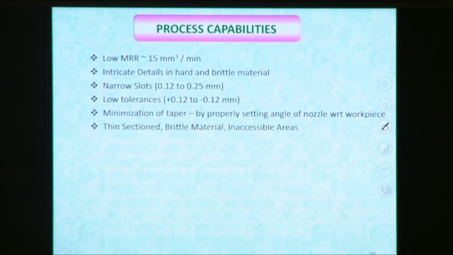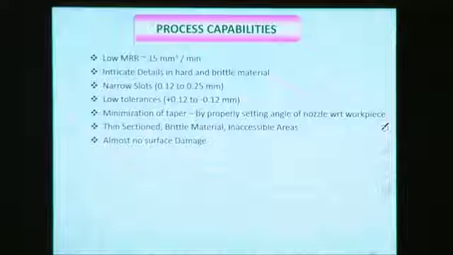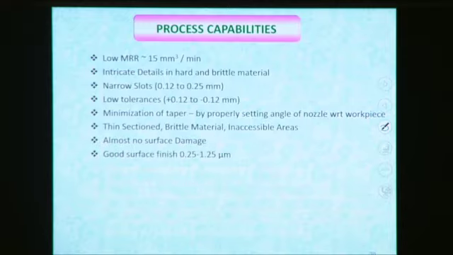It also suits thin sections, brittle material, and inaccessible areas, so inaccessible areas can be cut by abrasive jet machining. There is almost no surface damage and no heat affected zone, because whatever minimum heat is generated is carried away by the flowing air. That's why a very small heat affected zone is generated.